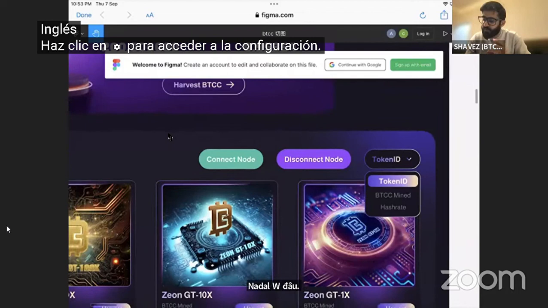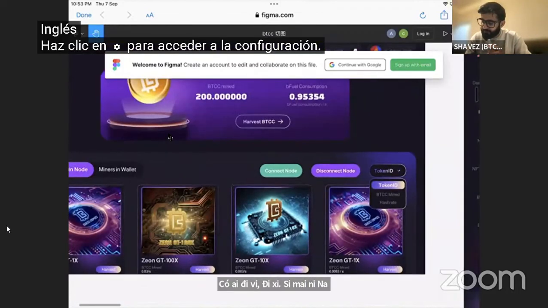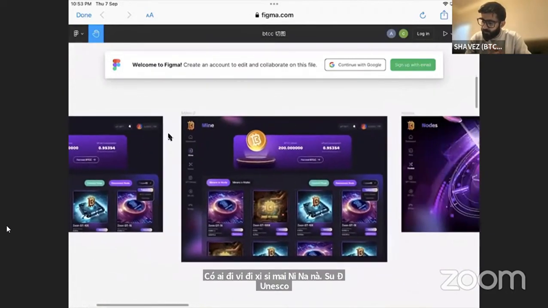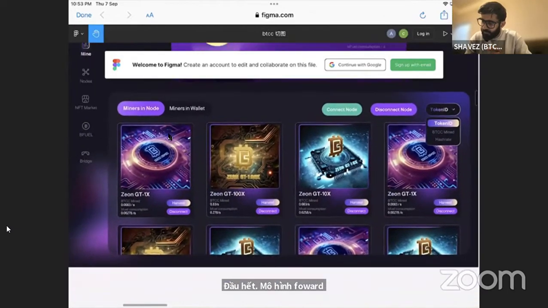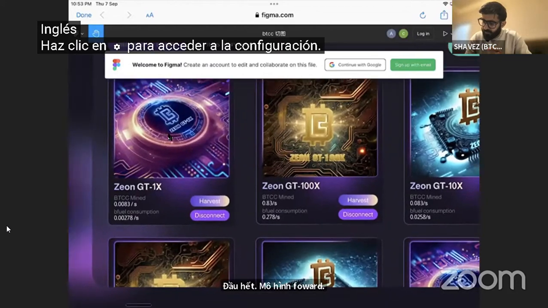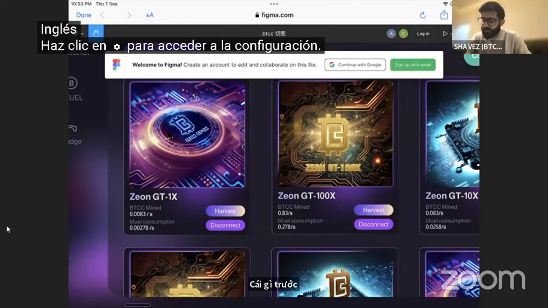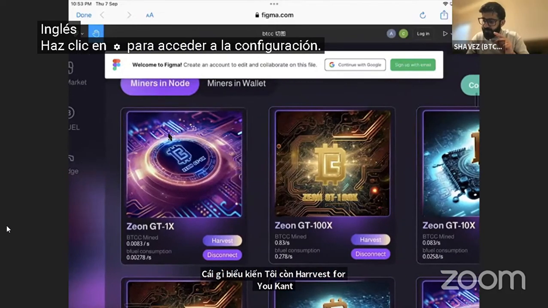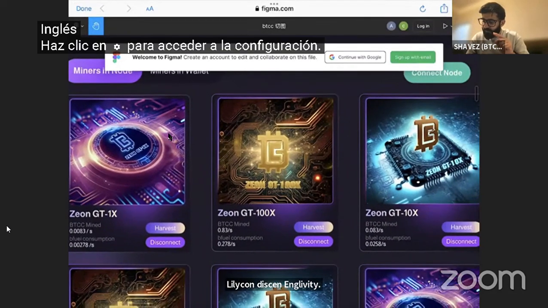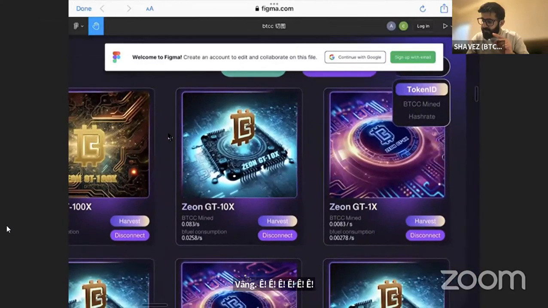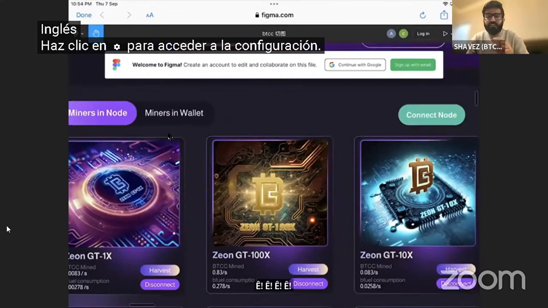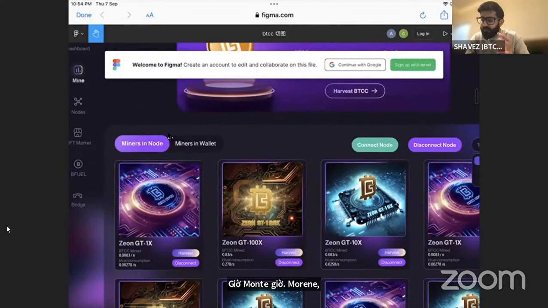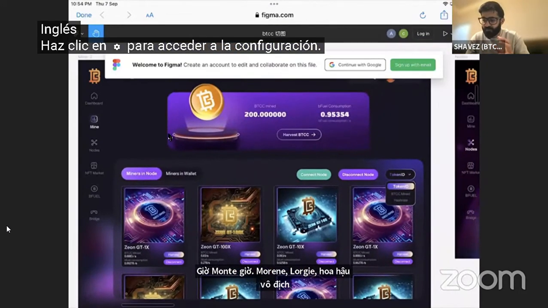You will get to know all that. Okay, moving forward. You see, you can click on harvest or you can click on disconnect individually. All your miners. See, 1x, 100x, 10x, you have 1x, you have more NFTs. You know, this is how your DApp will look.